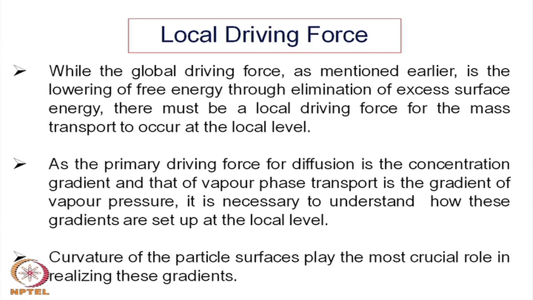So, there must be a concentration gradient set up at the local or atomistic level, or if you are talking about vapor phase transport, then there must be a difference in the vapor pressure at different sites, so that the material can move from one point to the other.